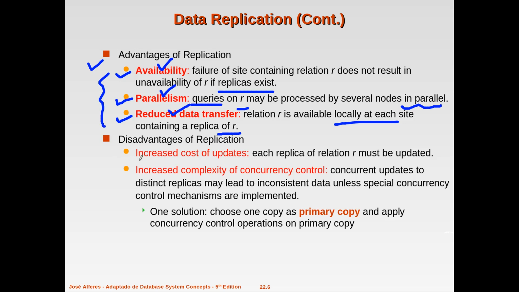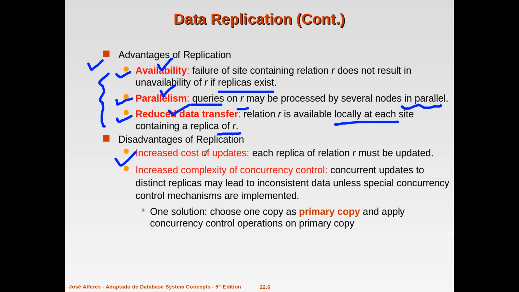Now let us see some of the disadvantages of using replication. The first point is increased cost of updates. If the same relation is available in different sites, and an update happens at one site, every replica must be updated. That is not an easy task, because in a database the data must be consistent.